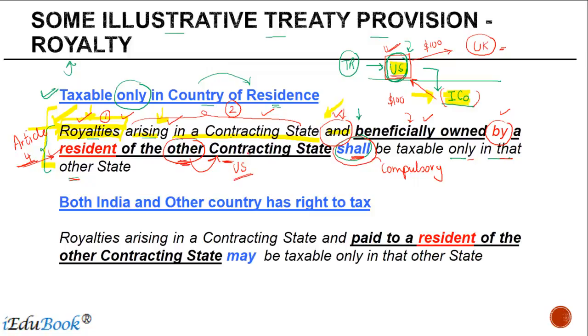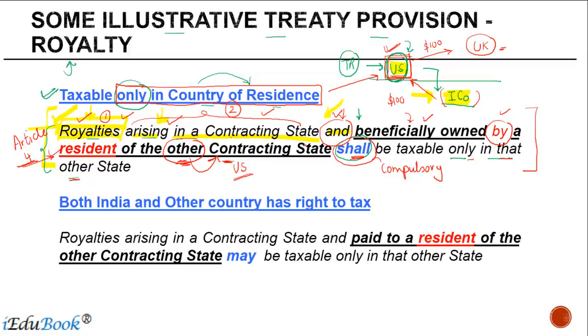Like I said once before as well, this US is only for illustrative purposes. This clause is not the clause relating to India-US treaty, but it was just meant to give you an example. So in this case, what happened was that the right to tax was given only to the country of residence, which was US, for example.